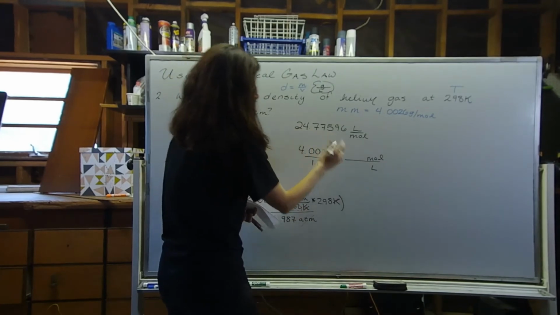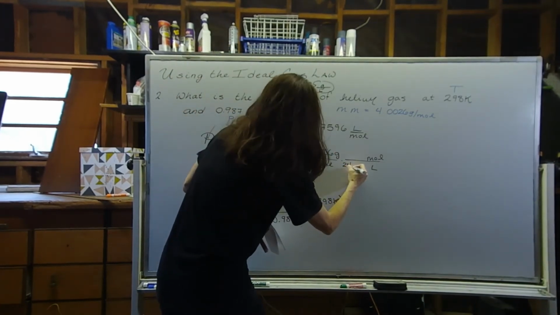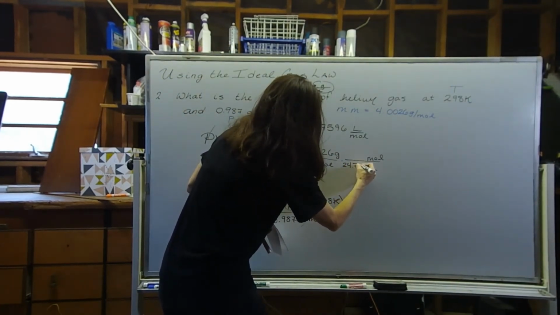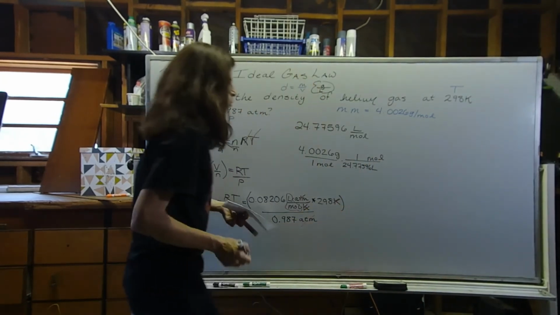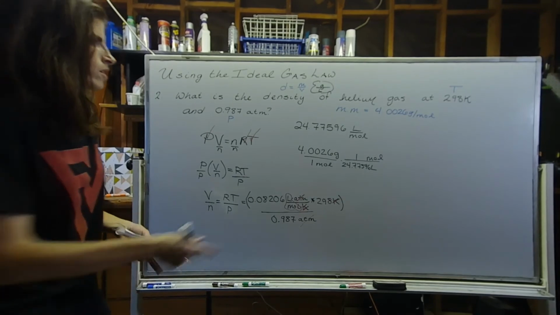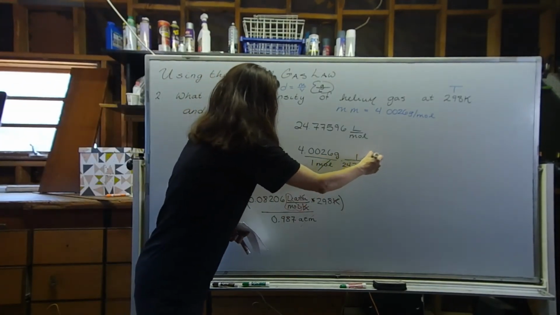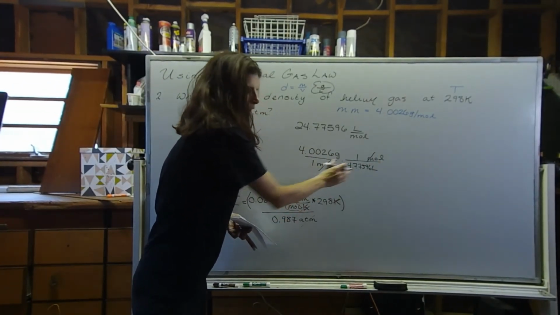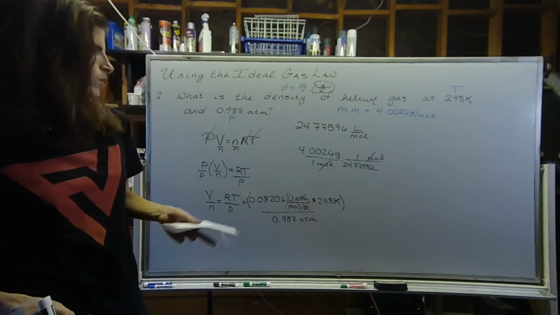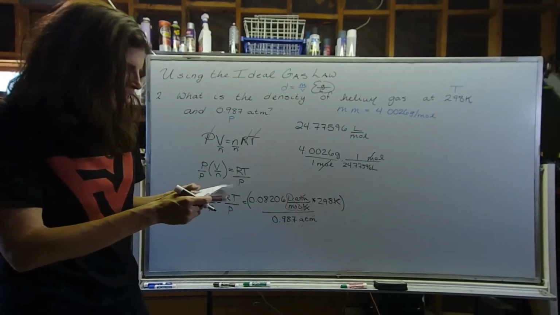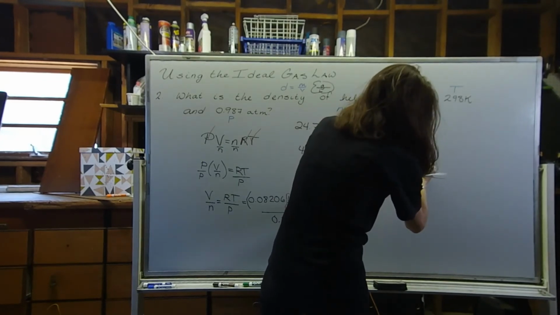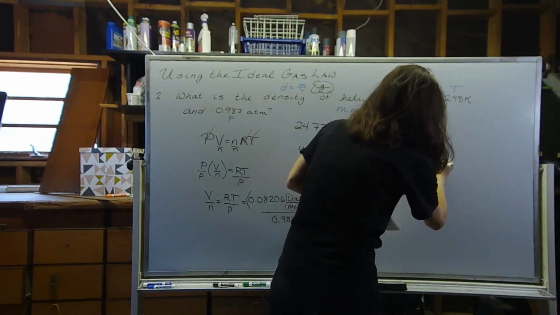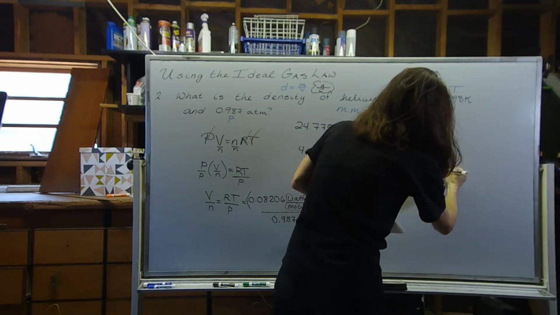So I'm going to take this value and put it in the bottom, 24.77596 liters per 1 mole. So divide the grams by the liters, the 24.77596 liters, and we get a density of 0.162 grams per liter.